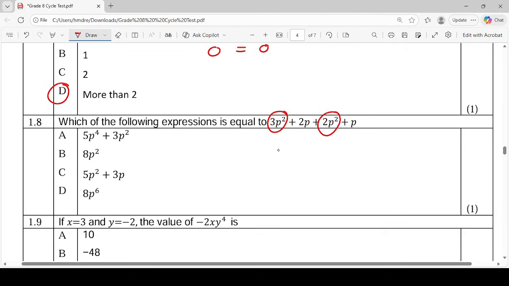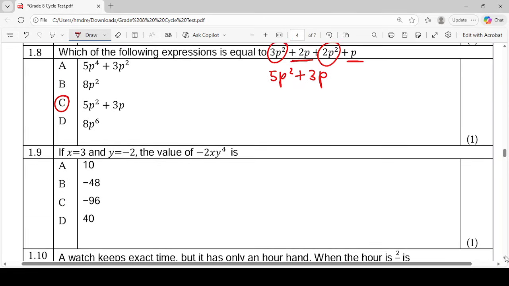So 3p squared plus 2p squared, that's 5p squared, plus 2p and p, that's going to be 3p. And we can see this is the same as c. They're just checking there that you're not adding things with different powers. So these are to the power of 2, so we add those ones. And these are to the power of 1, so we add those ones together.